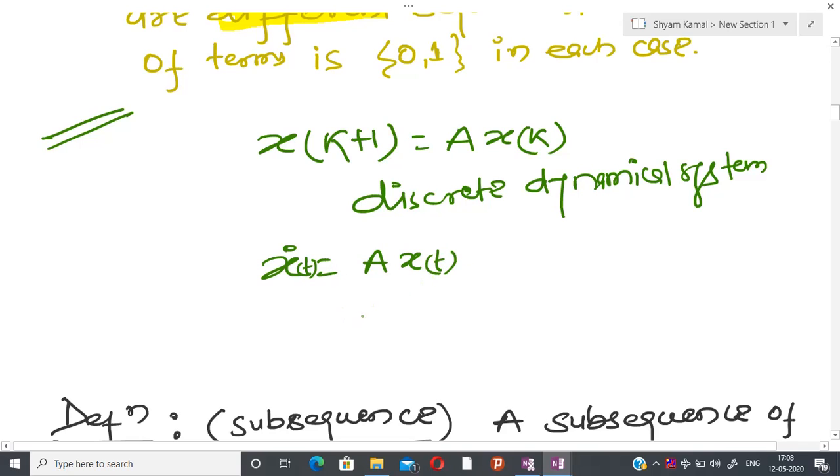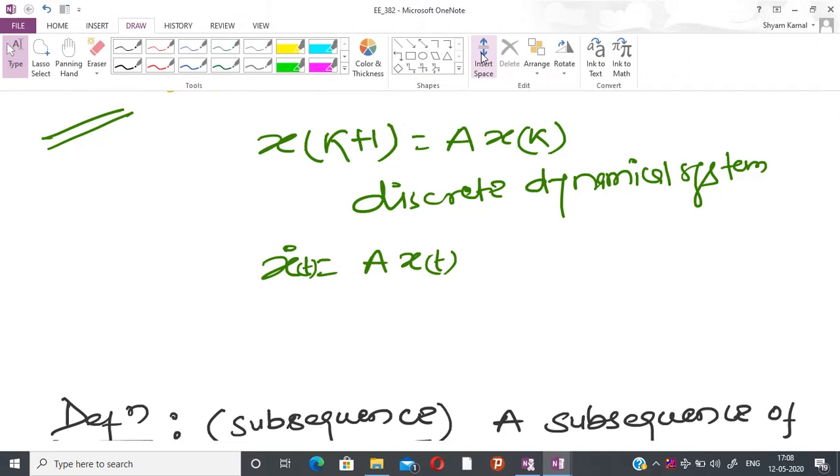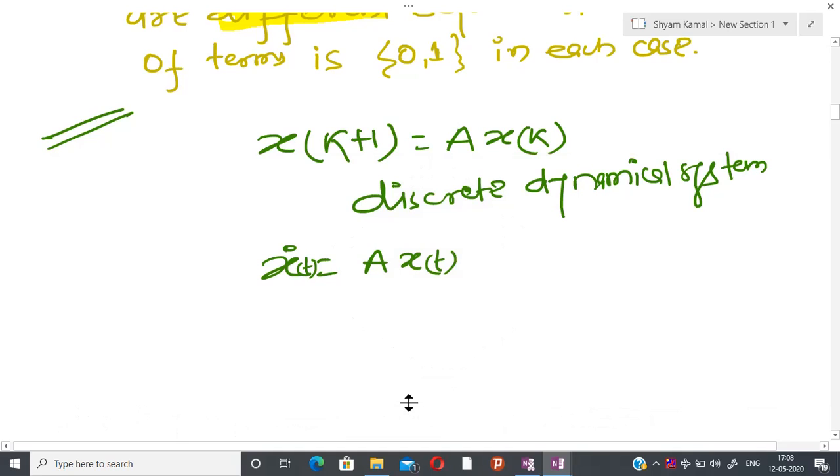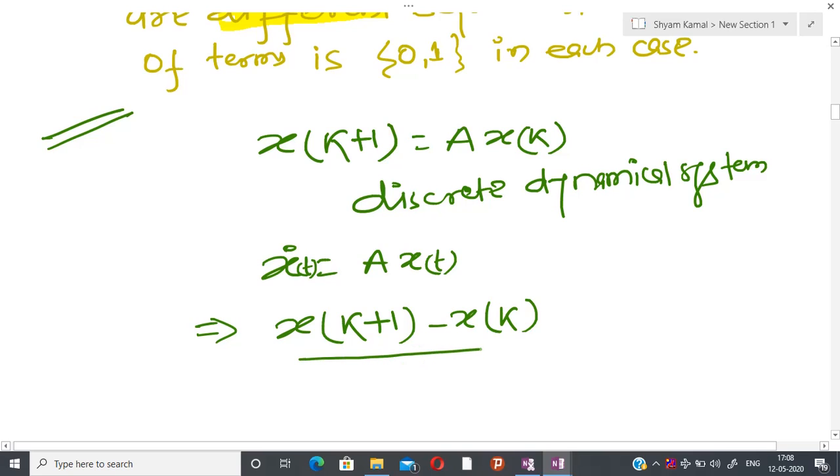If you do some kind of approximation, that approximation is called the Euler approximation. Most of the time, whenever we are simulating this kind of equation using a computer, some approximation comes into the picture. So we write x_{k+1} minus x_k, and after that we put h.